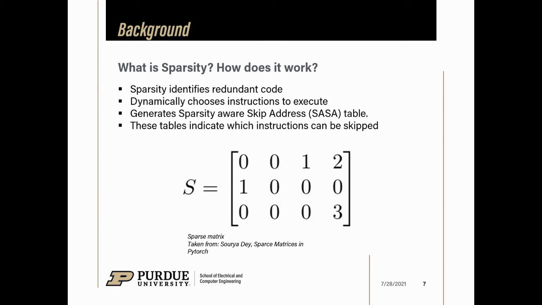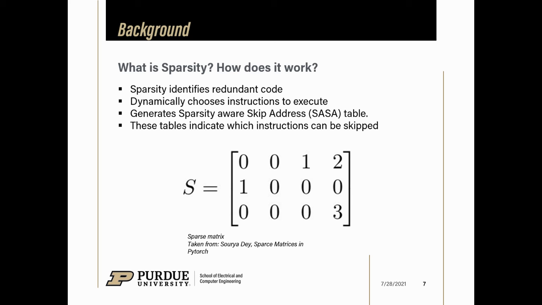Now, I've mentioned sparsity, but what that is, is the ability of the code to dynamically choose which instructions to execute. It can identify redundant code, and it does this by generating a sparsity-aware skip address, or SASA, table. These tables indicate which instructions can be skipped.